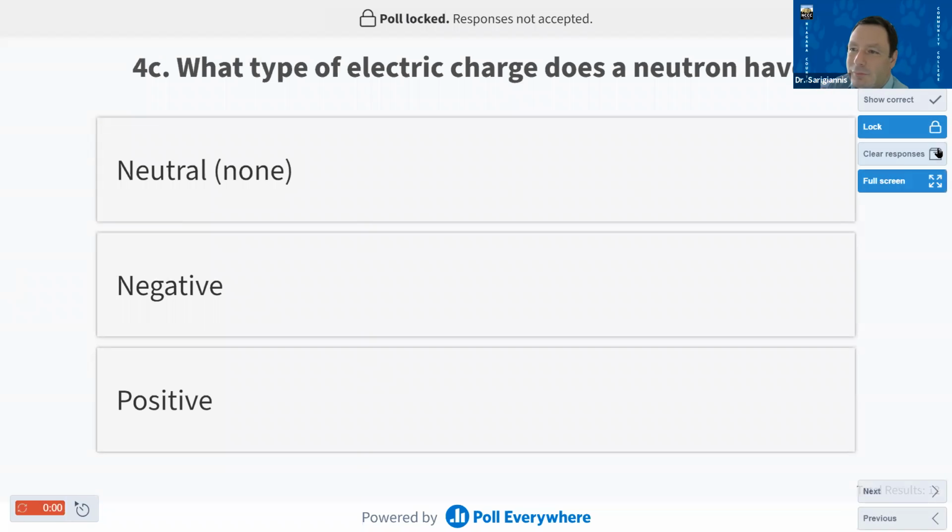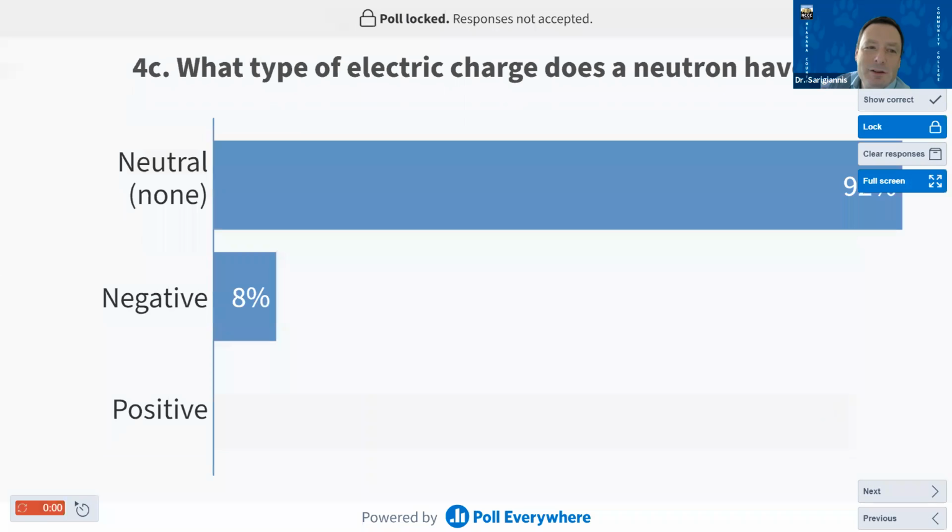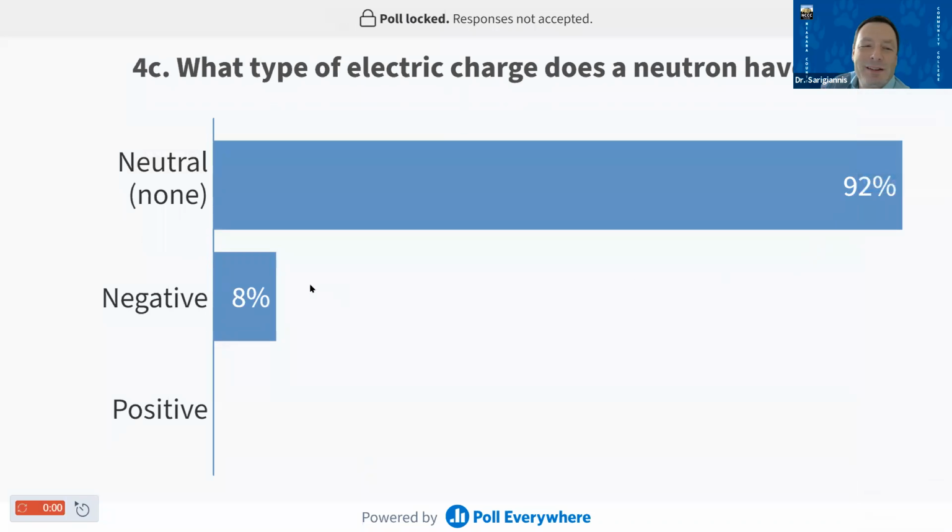Oops. All right. Neutral. Yes. If you're using the N to try to remember, this can be confusing. So neutral, neutron, you have to look at the first 3 or 4 letters, right? Or 5. Neutron, neutral, right? You just replace the ON with AL, neutral. So it's neutral.